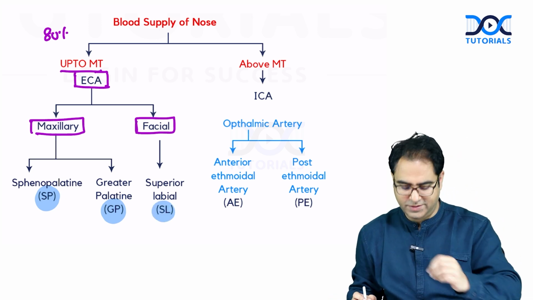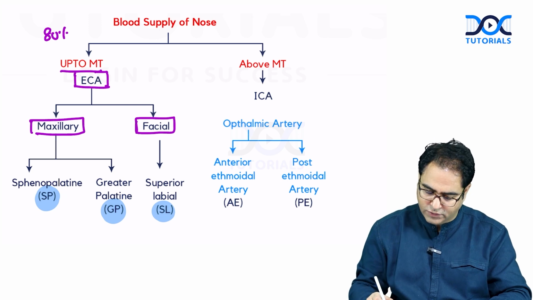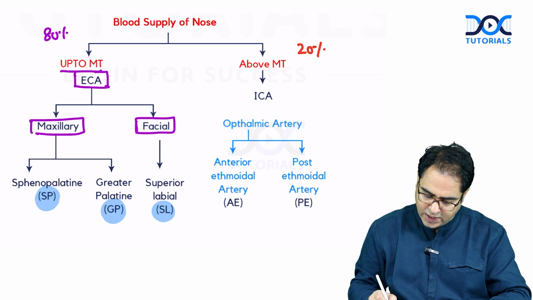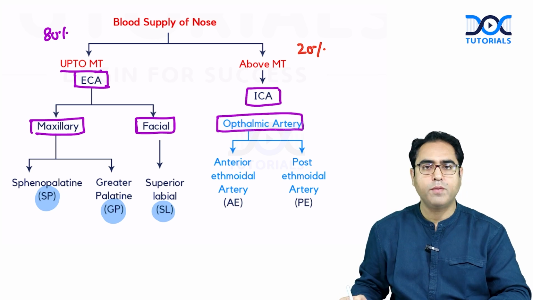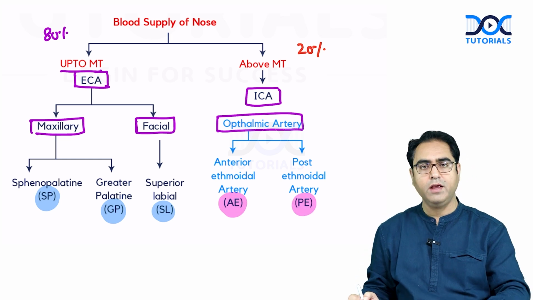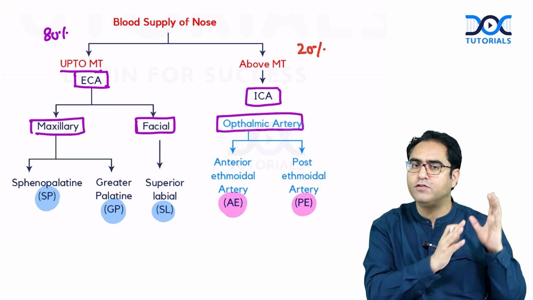Let's go to the ICA. Above middle turbinate, it belongs to the area of ICA territory, and this is only 20% of total circulation. From ICA comes which artery? Ophthalmic artery. And from ophthalmic artery, 2 branches are coming, anterior ethmoidal and posterior ethmoidal artery. So there are 5 arteries supplying the nose, but 80% is from ECA.